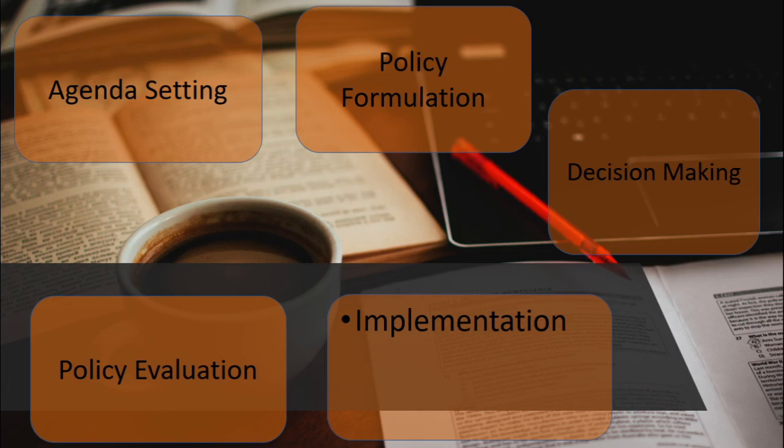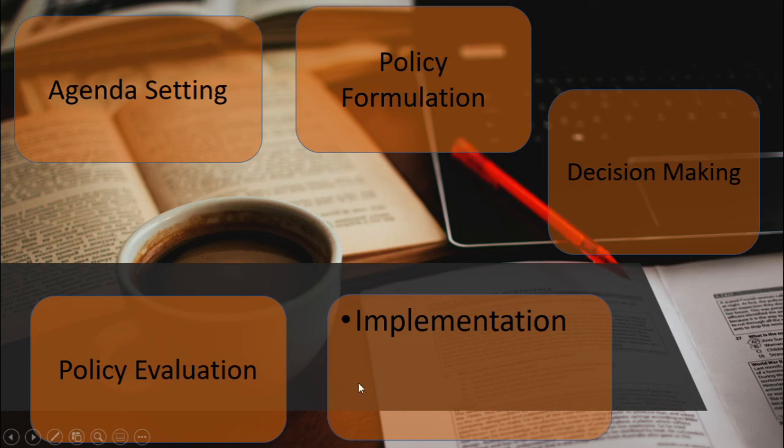Now, policy evaluation is very important in policy learning. It sheds light on the intricacies of the problem and what have you. And also, it is important to know that the policy making process is not as linear as you see here.